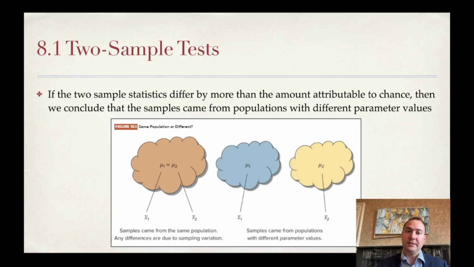If the two sample statistics differ more than the amount attributable to chance, then we conclude that the samples come from populations with different parameter values. In other words, if there's a really big difference between the two samples, we would assume that that difference is probably not due to chance. If it's very big, probably it's more likely that that difference comes from those samples coming from different populations.